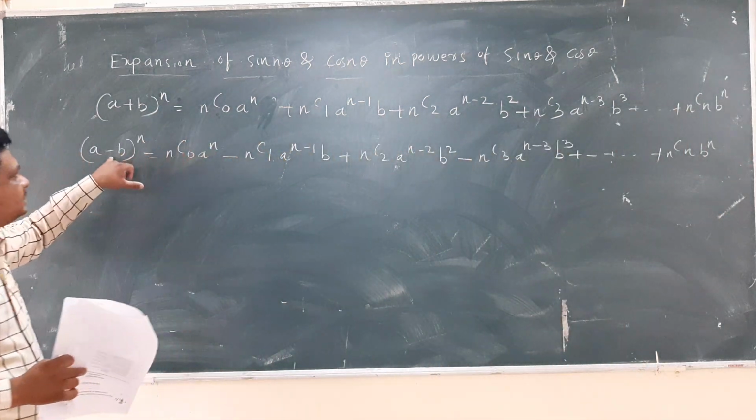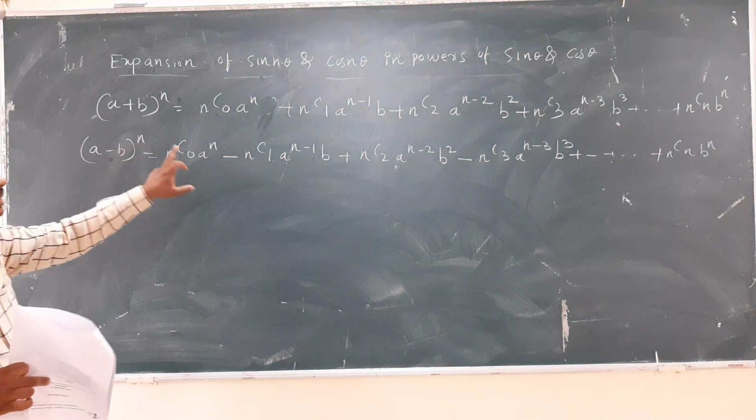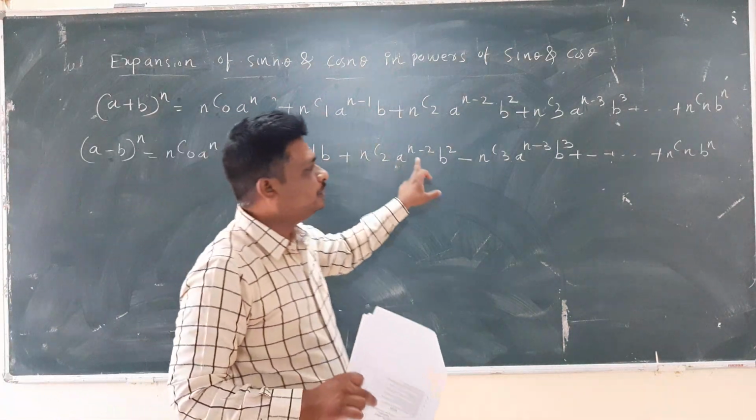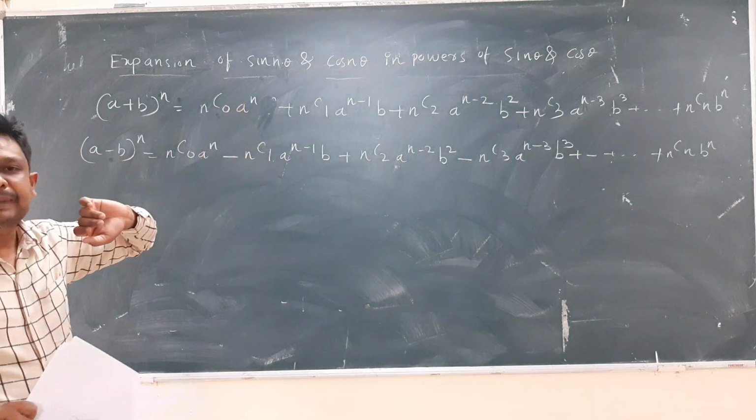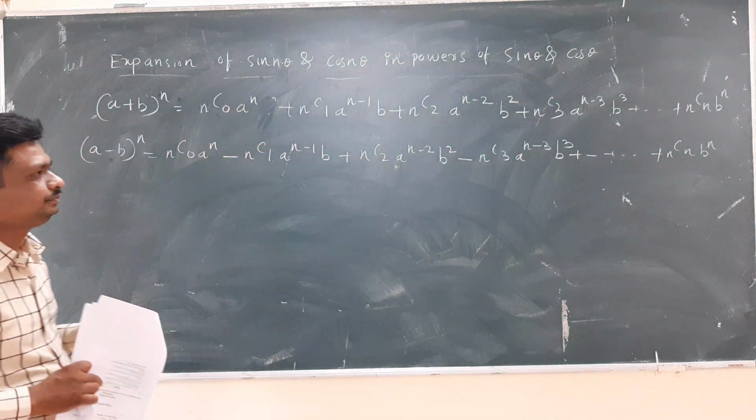So if there is a minus sign between a and b, you are going to get alternate positive and negative signs in the expansion. So this is the binomial theorem.